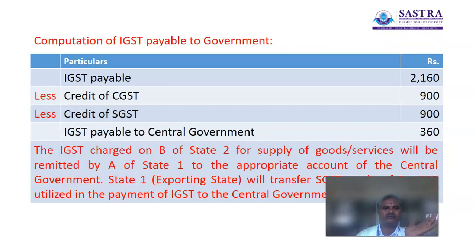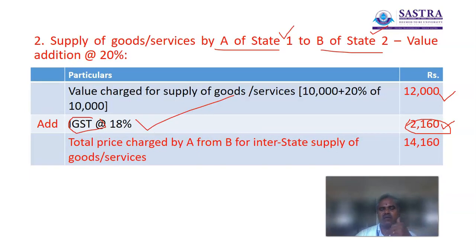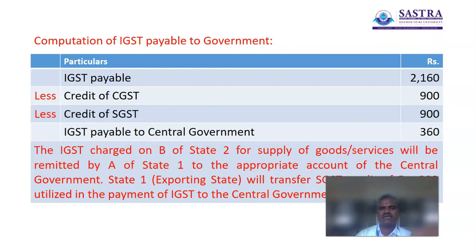Now, what amount will be payable to the government? IGST payable 2,160. They have a credit of CGST, SGST. Both are eligible to adjust against IGST. So you have to adjust. The balance will be payable to the government. That's that.